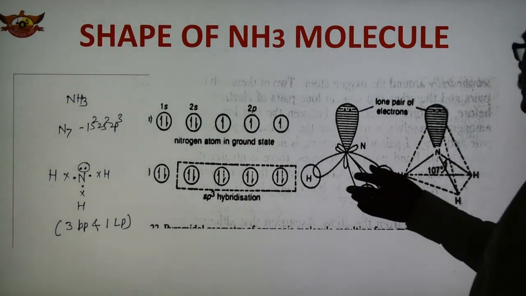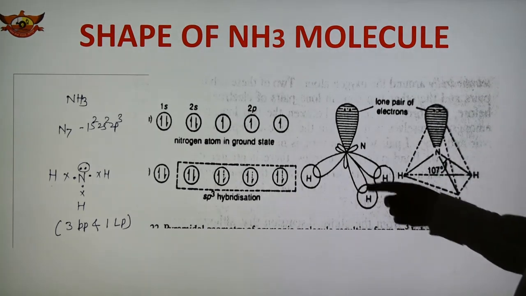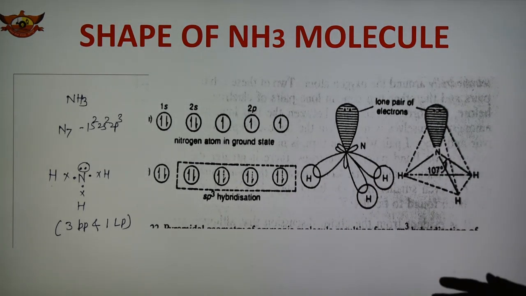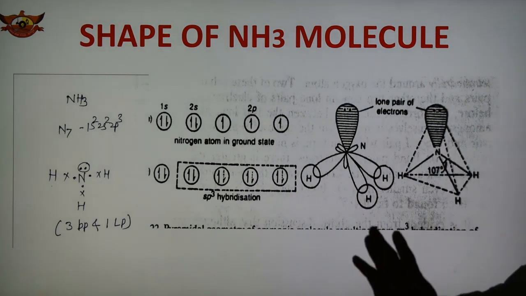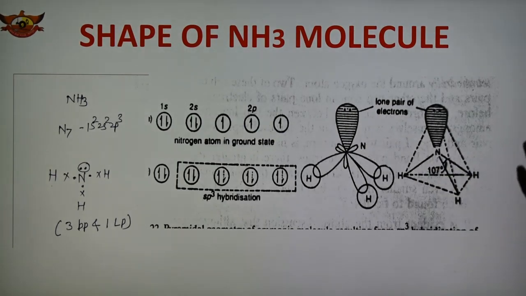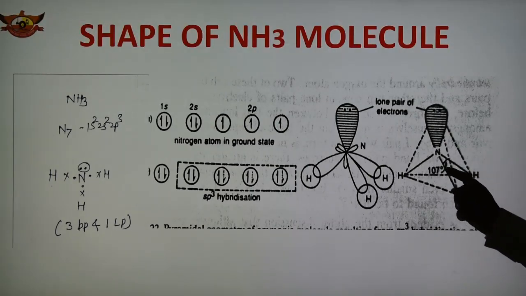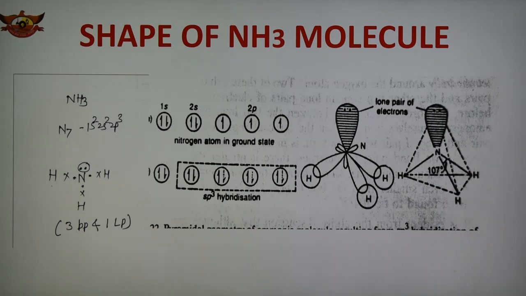So the shape of this ammonia molecule is tetrahedral because of the presence of sp3 hybridization, or because of the presence of 4 electron pairs, but because of the presence of 1 lone pair, the shape may also be considered as pyramidal. So this is the pyramidal shape having a triangular base, and the angle is 107 degrees. The tetrahedral angle is 109.5 degrees.